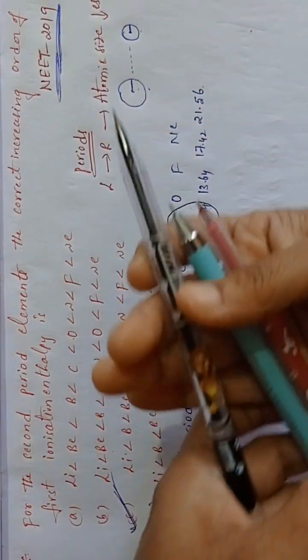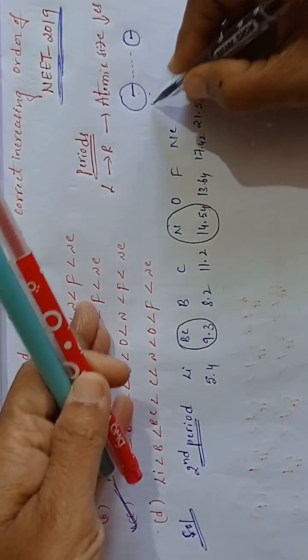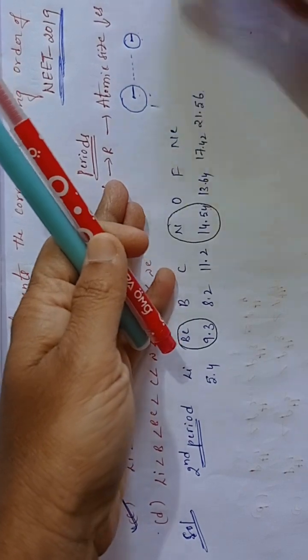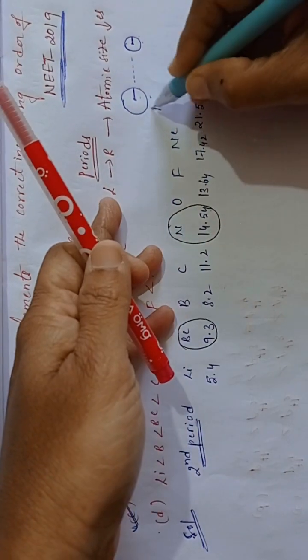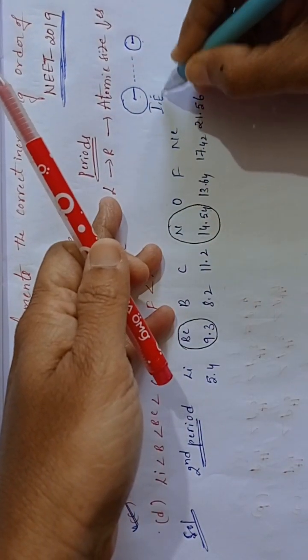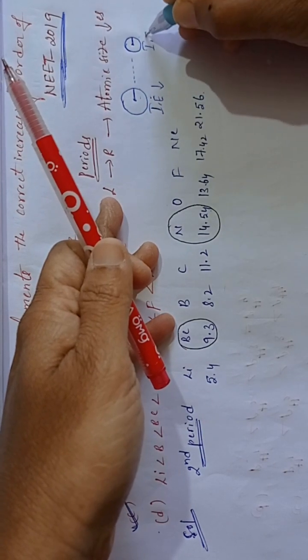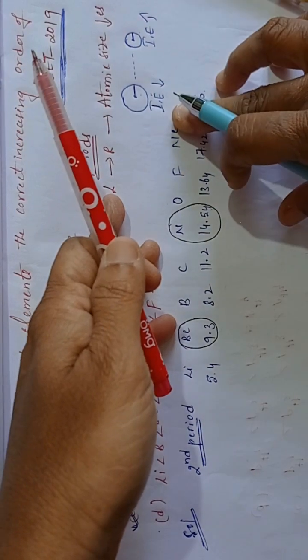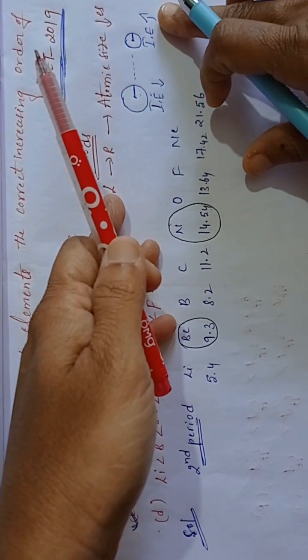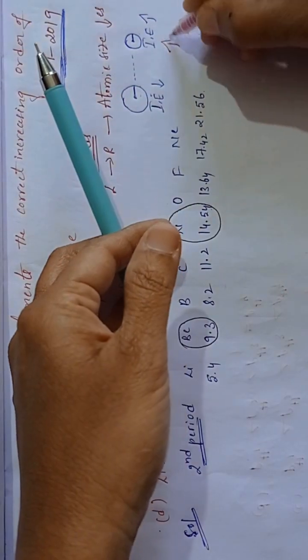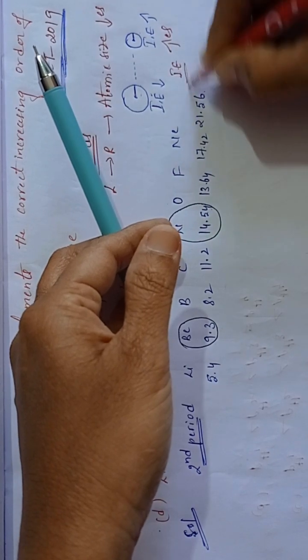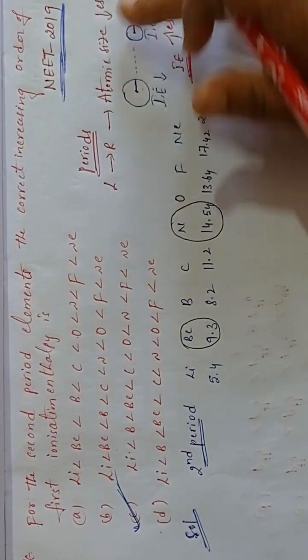So in bigger size atoms, ionization energy is less. But in smaller size atoms, ionization energy is more. That means ionization energy increases from left to right, correct? Ionization energy increases from left to right.